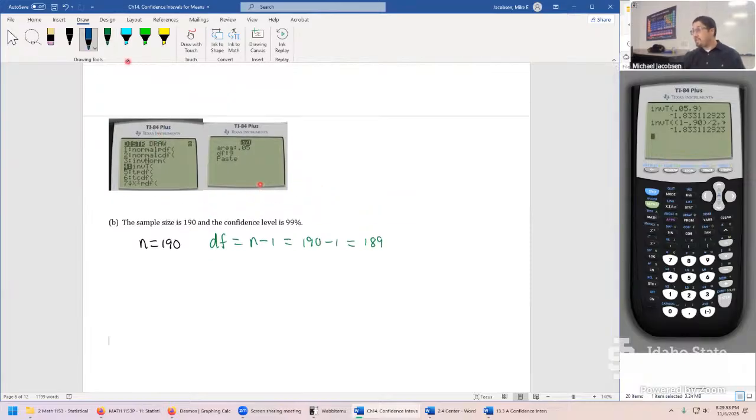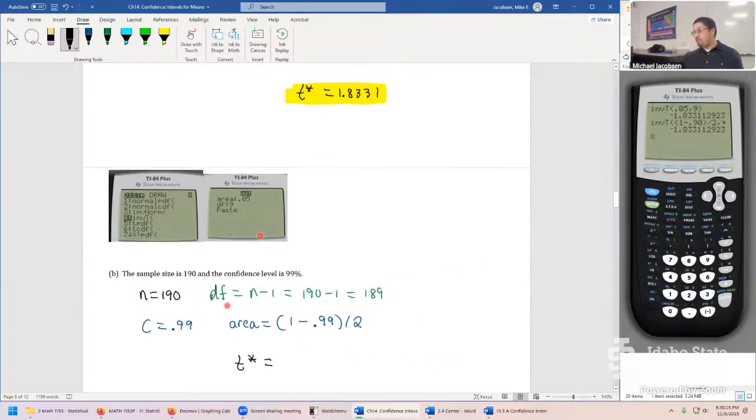So with confidence at 99%, we can say the area equals (1 minus 0.99) divided by 2. And these are the only two things you really need in the calculator. Once you put those two down, t star can be computed right away.